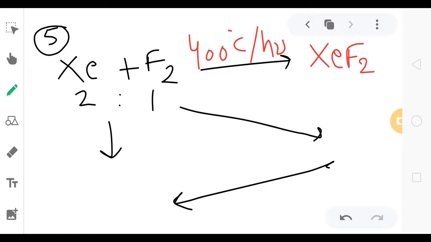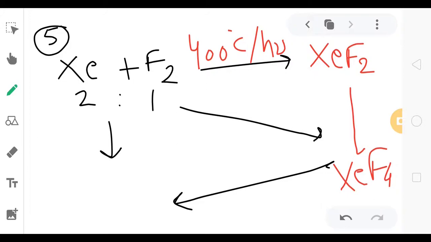You will be getting the same compound, but at the same time, if this reaction persists for a long time, then you will be getting your tetrafluoride compound, XeF4. Yes guys, you heard very right, XeF4.